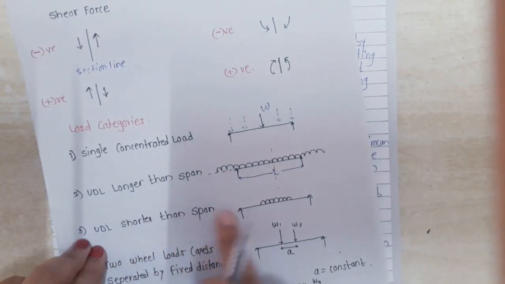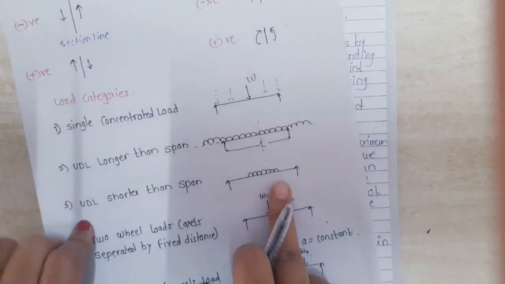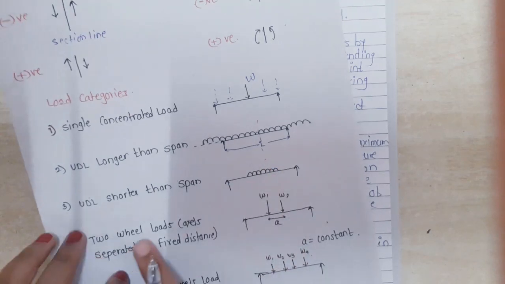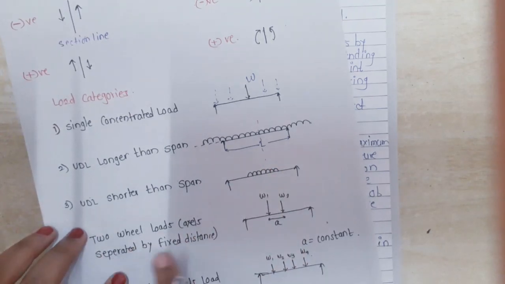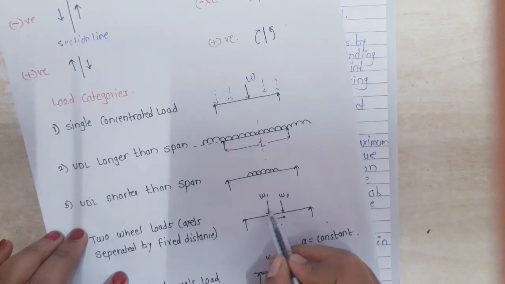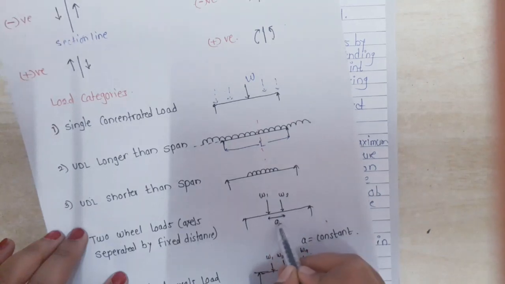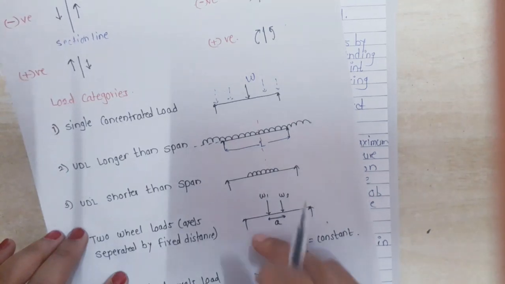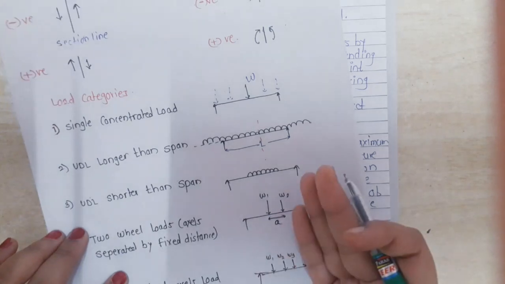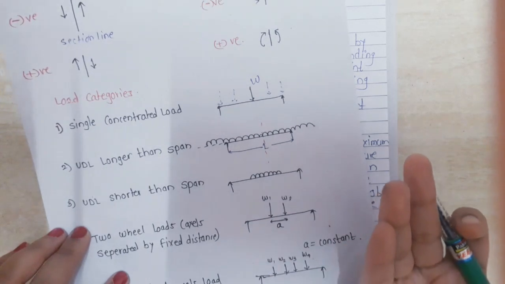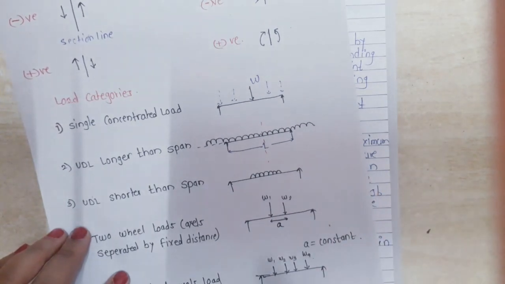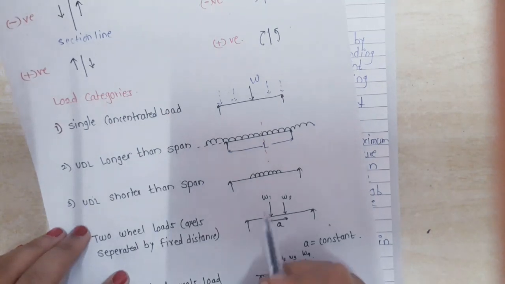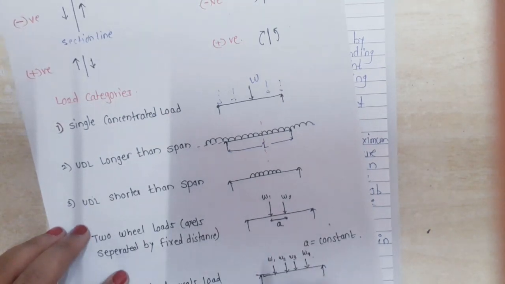Next one is a UDL shorter than the span, which looks like this. Fourth one is a two wheel axle load separated by a fixed distance. This is a wheel load which is separated by a fixed distance acting on a structure. Then what will be the shear force and bending moment changes in that structure? We have to find out by using the ILD method. An example of this kind of load is a motor vehicle load.